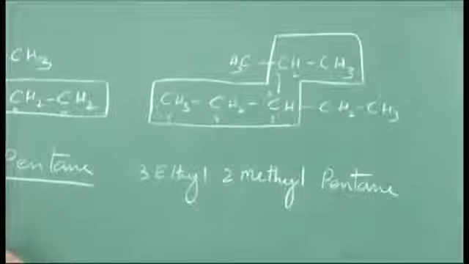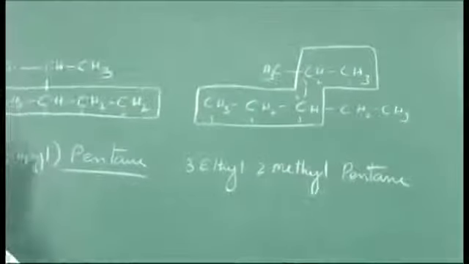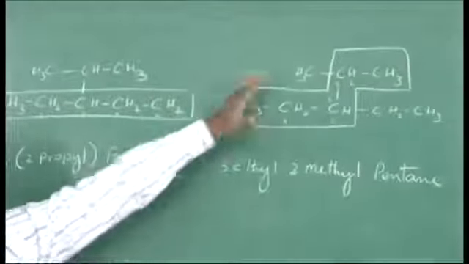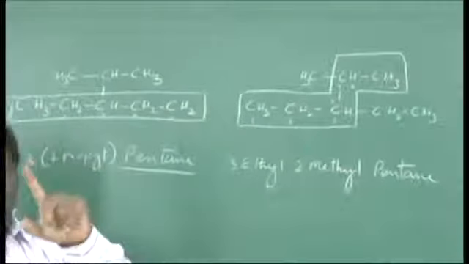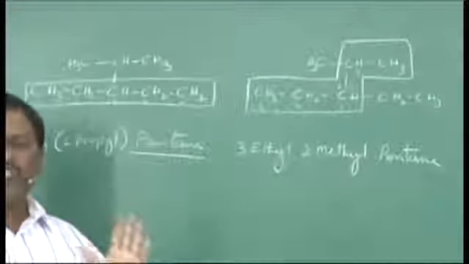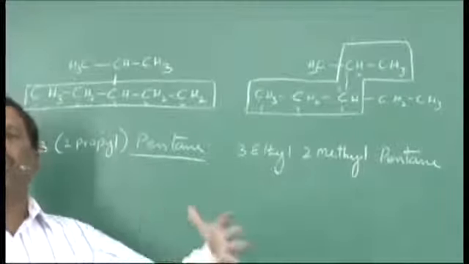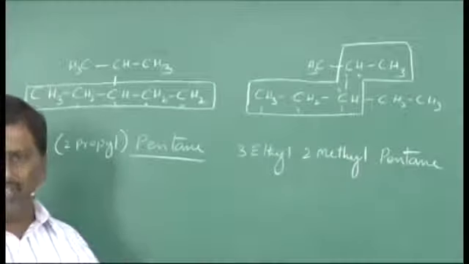Because both of them may not be correct. Here another rule that you have to remember is, if you are getting similar chains like this, we have to take a main chain which will have more substituents.